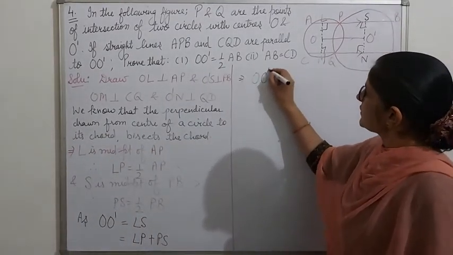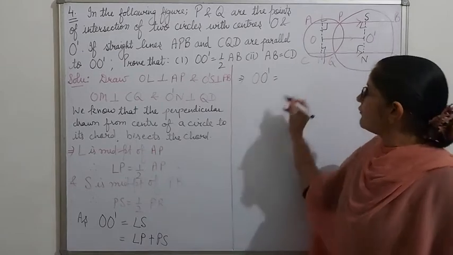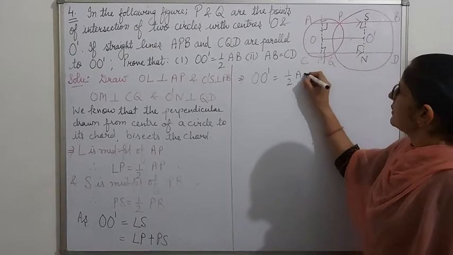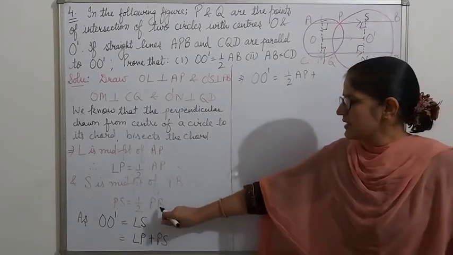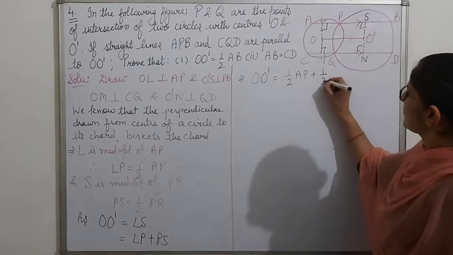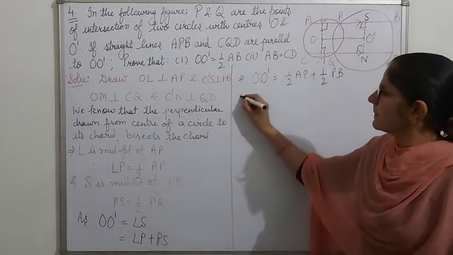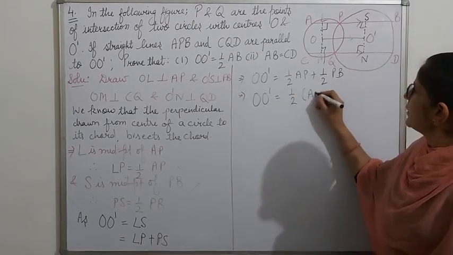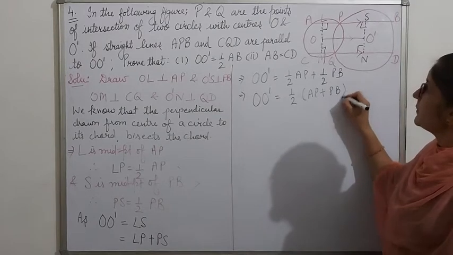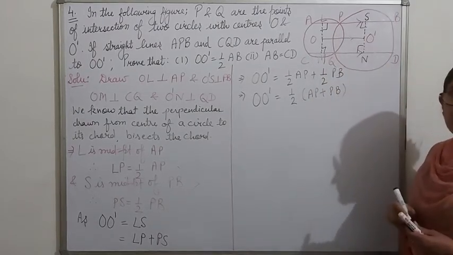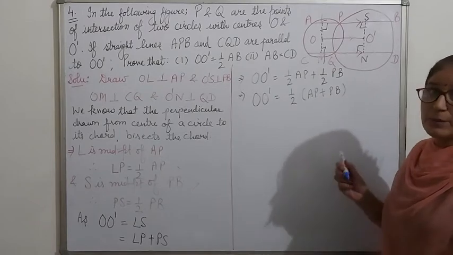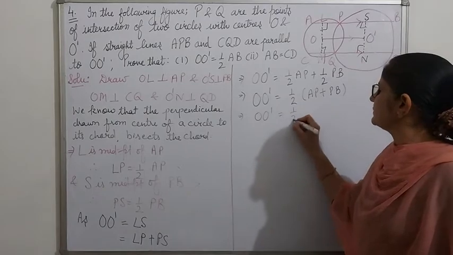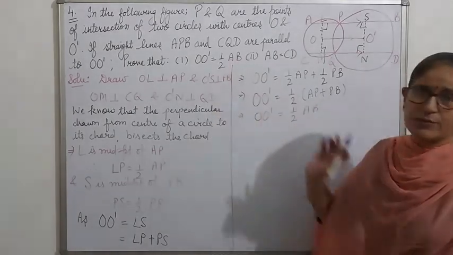LP is half of AP and PS is half of PB. So OO dash is equal to half of AP plus PB. AP plus PB together make the line segment APB, or AB. That means OO dash is half of AB. Our first part we have proved.